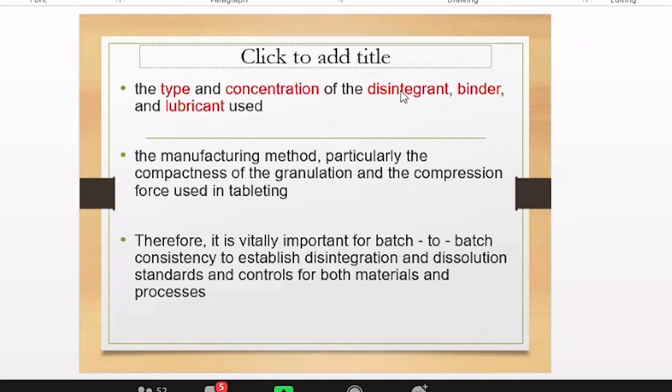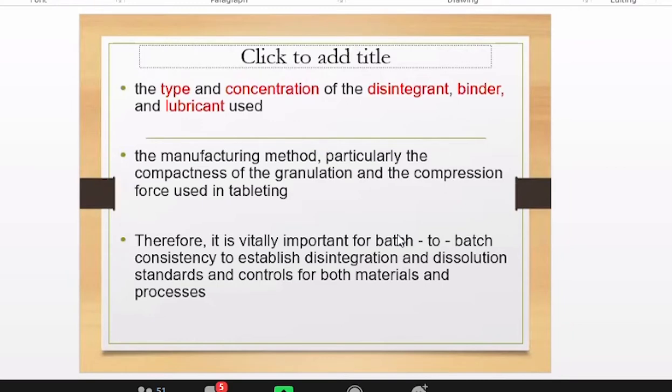For disintegrants, you have a general rule that if you use a higher concentration of disintegrant, the rate of disintegration is going to be high. If we talk about the type, if you use super disintegrants, that is also likely to increase the rate of disintegration and dissolution.